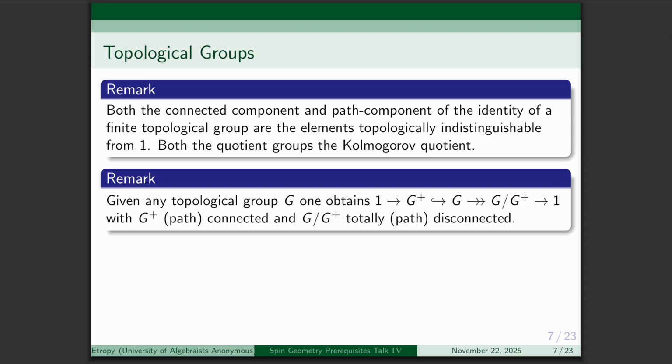So really, this allows us to split any group to some extent into a connected component and a totally disconnected component. Often people will study either of those. Most will focus on studying connected groups, but you can also go into the totally disconnected realm of groups, which is what I've mentioned with number theory and p-adic groups.